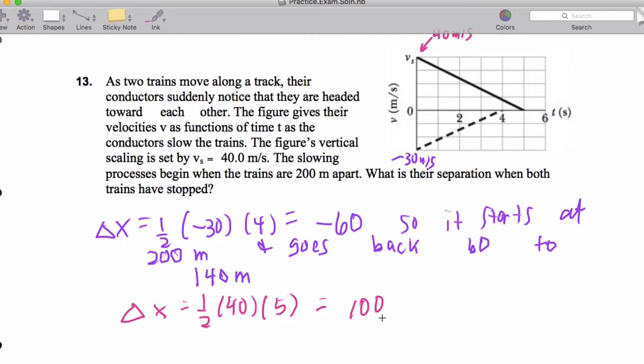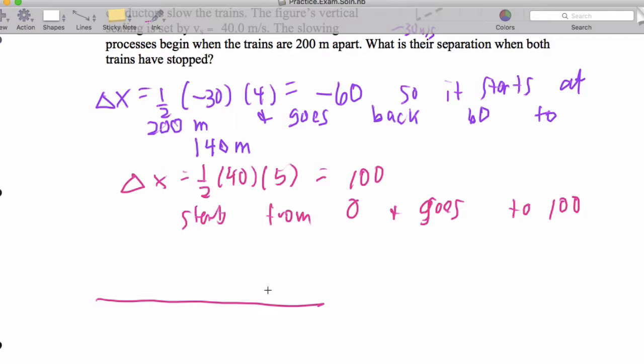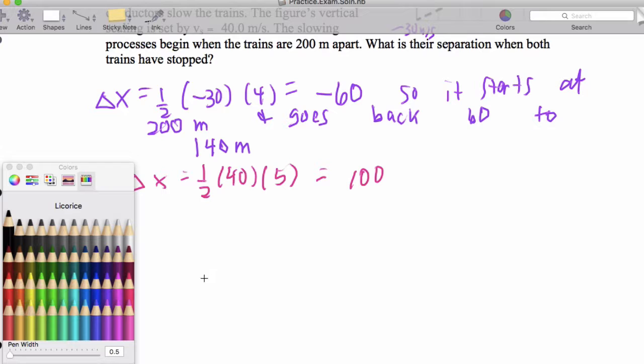So it starts from 0 and goes to 100. So the idea here is I've got this train at 200, and it goes back to 140. Sorry, let me be stricter. I've got 200 meters of track.